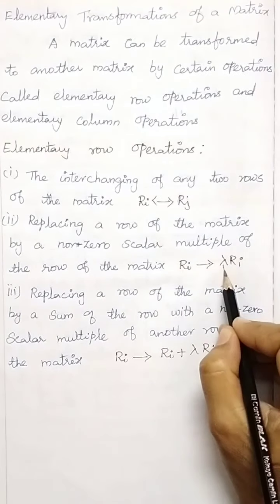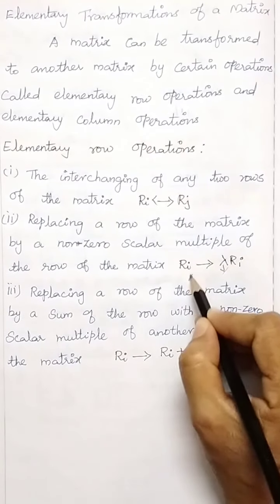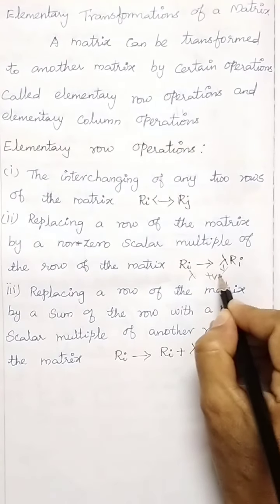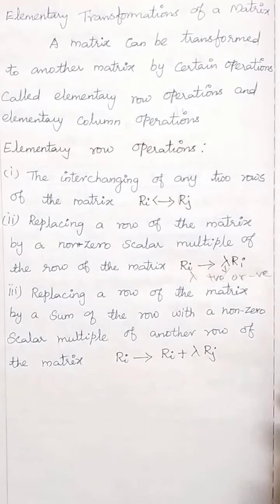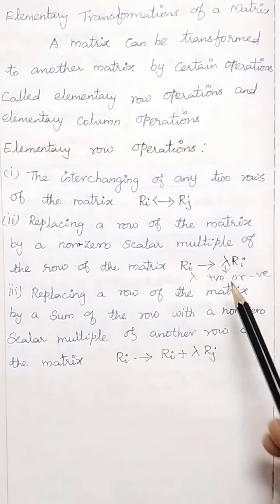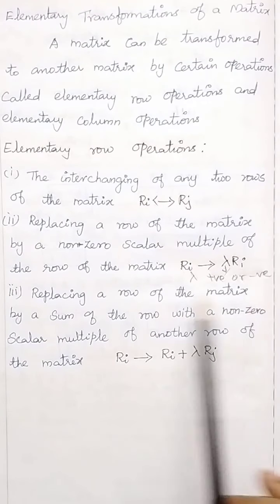Here lambda is a non-zero scalar. So lambda is positive or negative, right? Do you understand? One row can be changed to some scalar multiple of the same row, right?